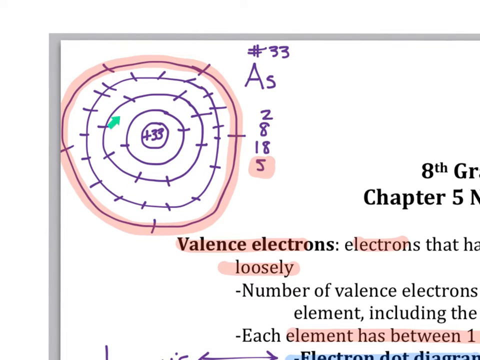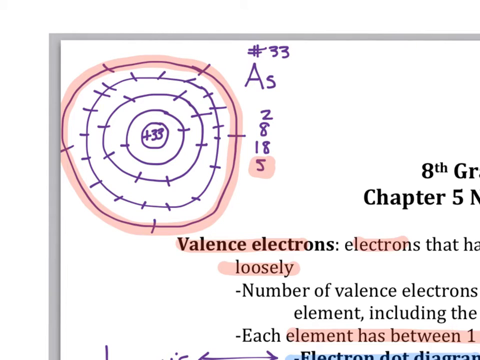The second energy level can have 8 electrons, meaning so far we have a total of 10 of the 33. We know the third energy level can hold 18 electrons, which means now we're at 28, but that leaves, in order to get to 33, 5 extra. So in the case of arsenic, it has 5 valence electrons.